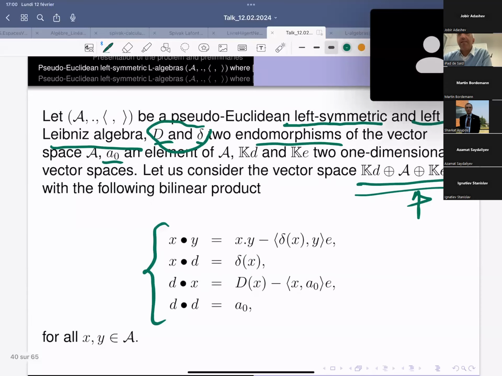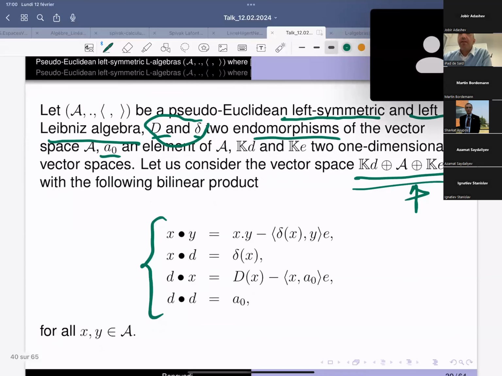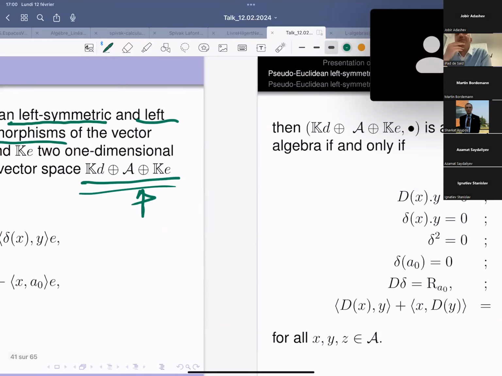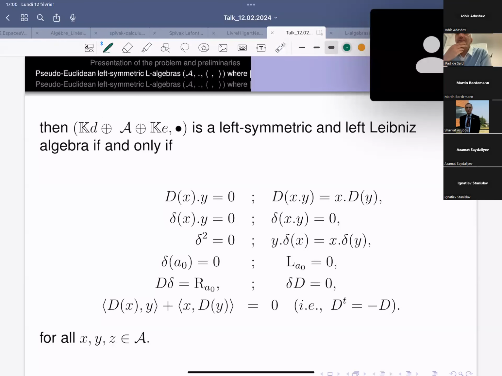And in this case, we prove that this new vector space of dimension equal to dimension R plus 2 is a left symmetric and left Leibniz algebra if and only if we have some conditions on D, delta, and A0, and these conditions are here.